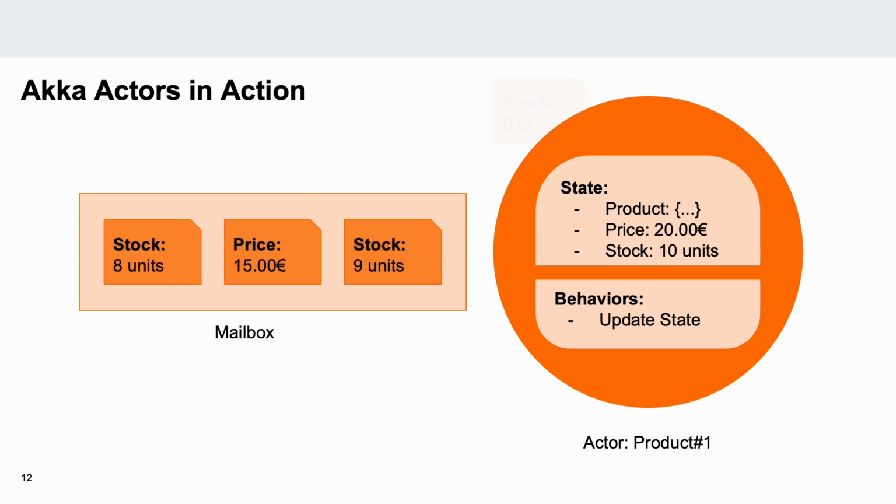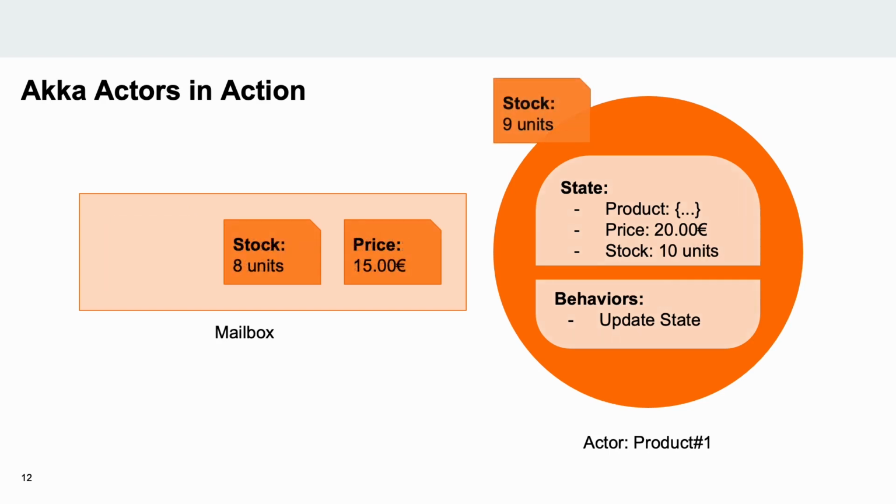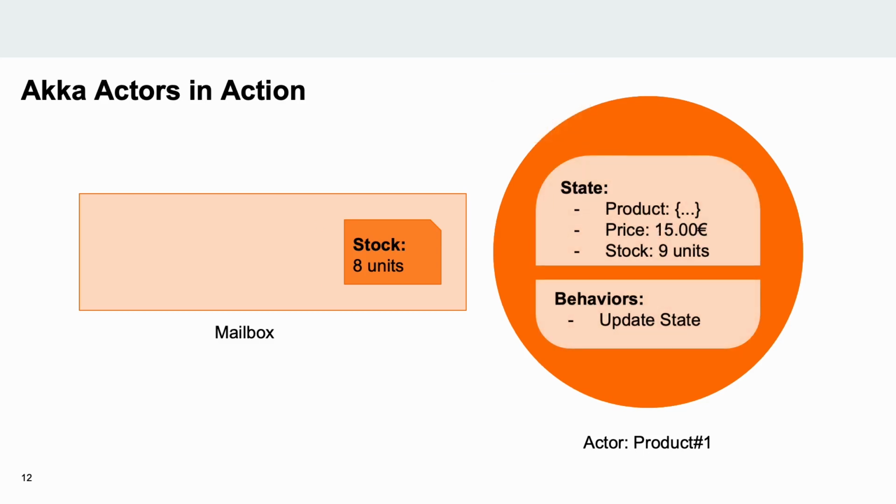In this way, if we receive multiple updates at the same time, they will all land in the actor mailbox, and then the actor will start processing them one by one. It will process the first message, store it in the database, and then go on and so forth. So what we gained here is that we removed the lock completely from the database.